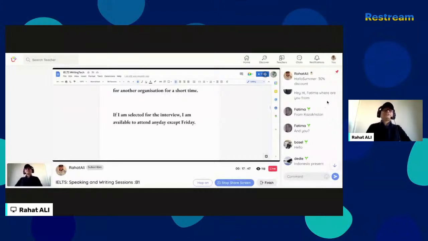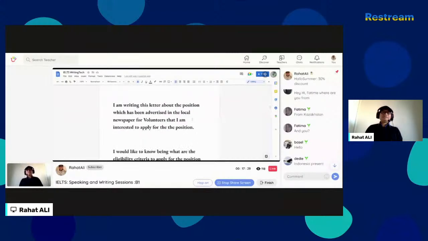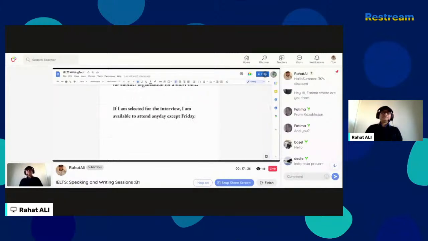So when your employer gets this application, they will understand that you're available every day except Friday. So we have started in a good way. Then you have to finish the salutation.